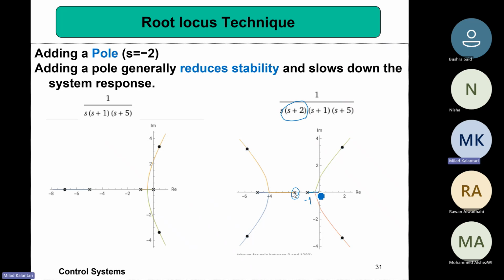We know that this region is a location for the pole because the right side is an odd number, right? From -1 to -2, is there any root locus? Because of the even number of poles, no. And then from -2 to -5, again, since it is an odd number, there is a root locus. And then what we quickly see from here is that there should be 2 collision points between the 2 poles, right?